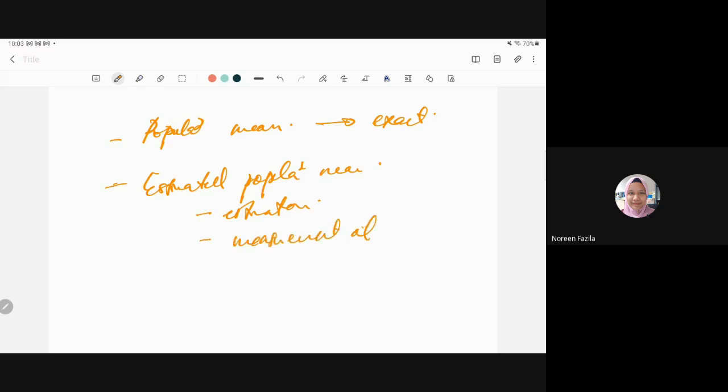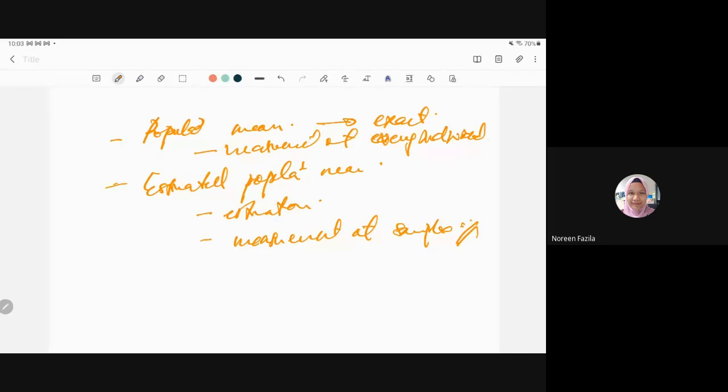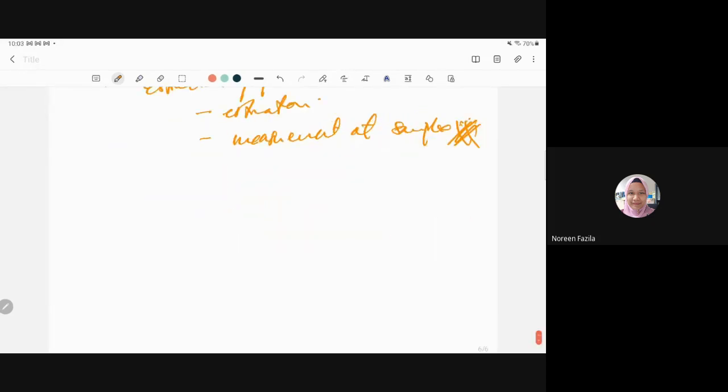It is based on measurements of samples, whereas the earlier one was the measurement of every individual. So the estimated population mean: when we estimate it, is it going to be exactly exact?